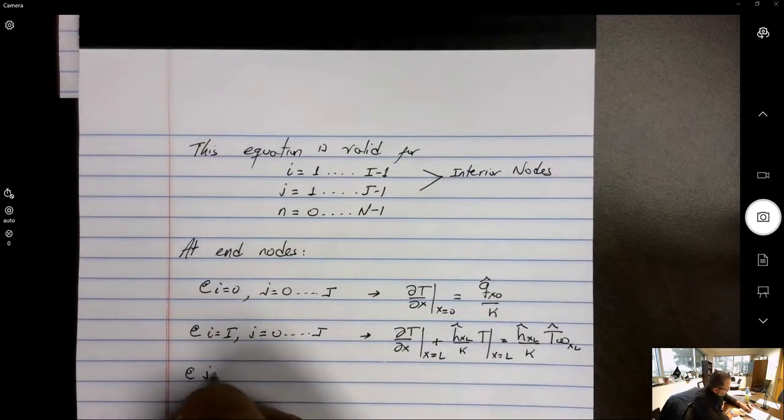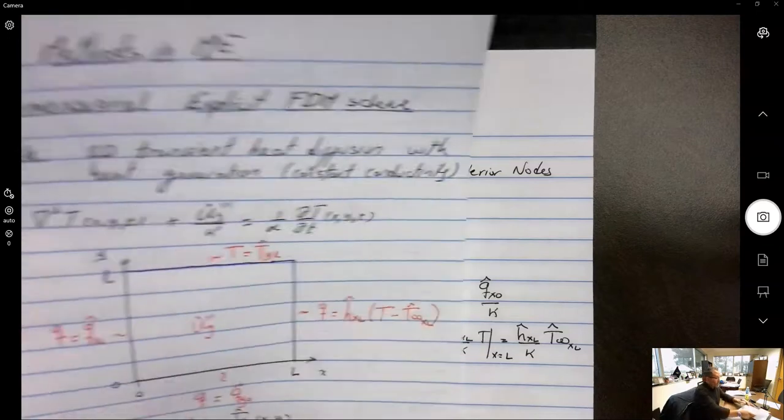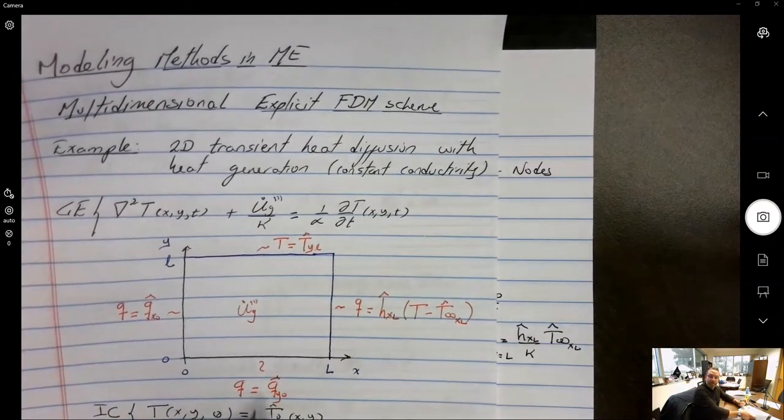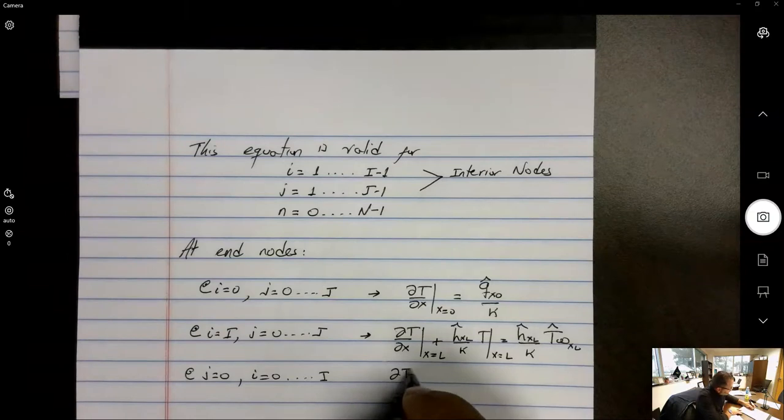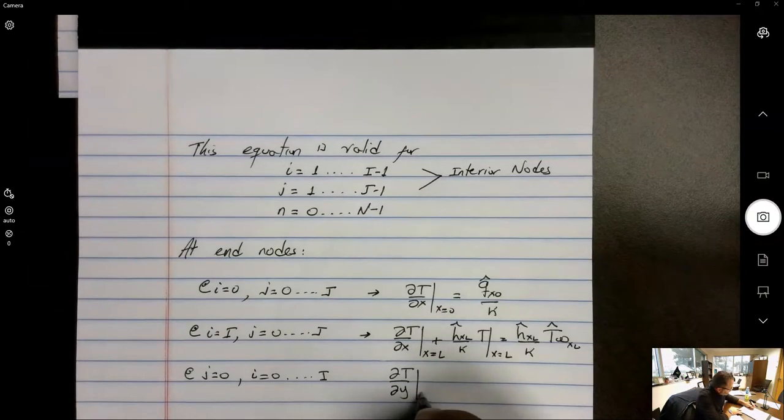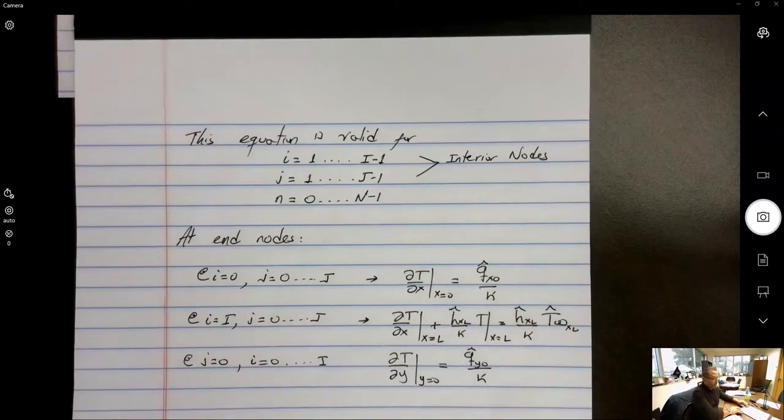At j equals 0, i from 0 to big I, that will be the bottom wall. So at the bottom wall, we'll have to implement this boundary condition, dT/dy at y equals 0 is equal to q_y0, some given value of the flux, divided by k.